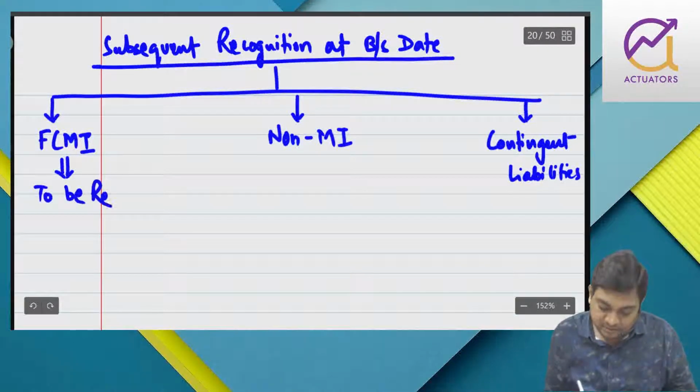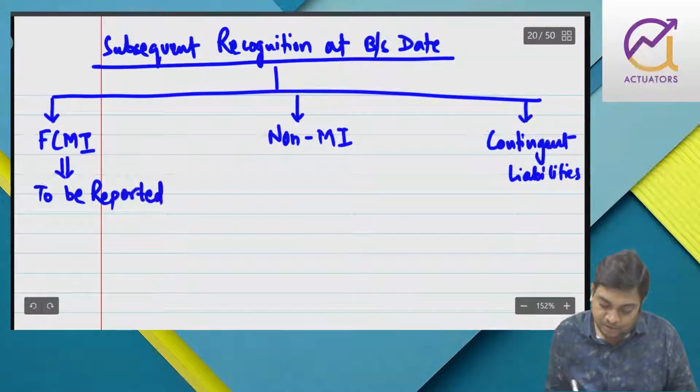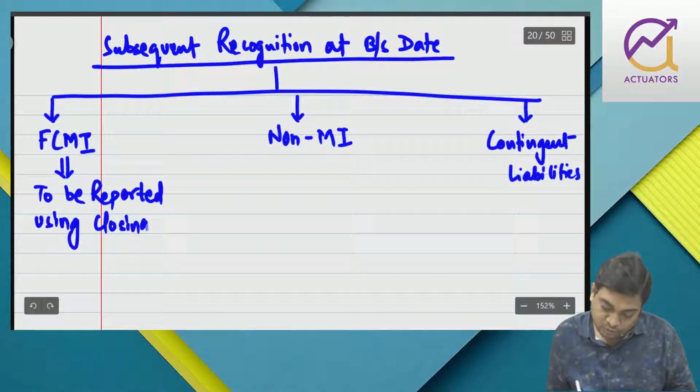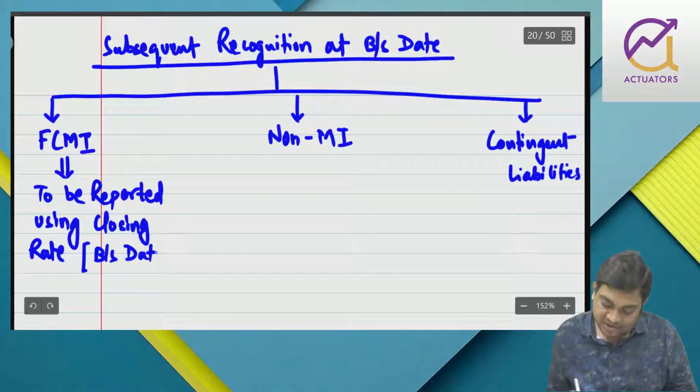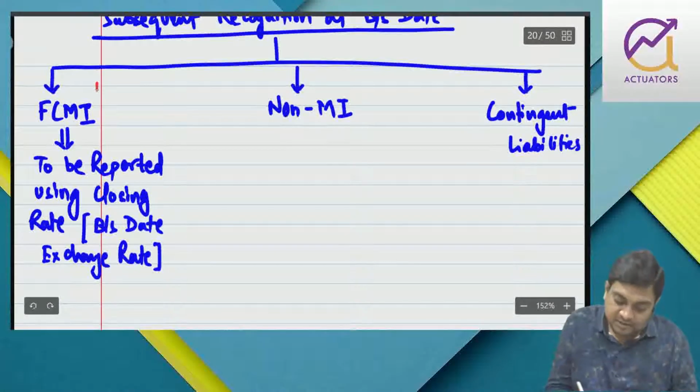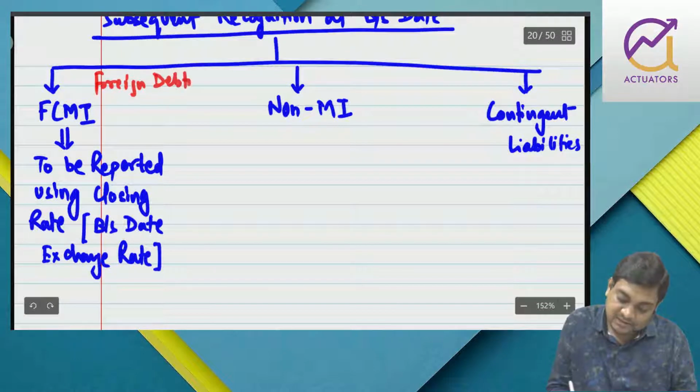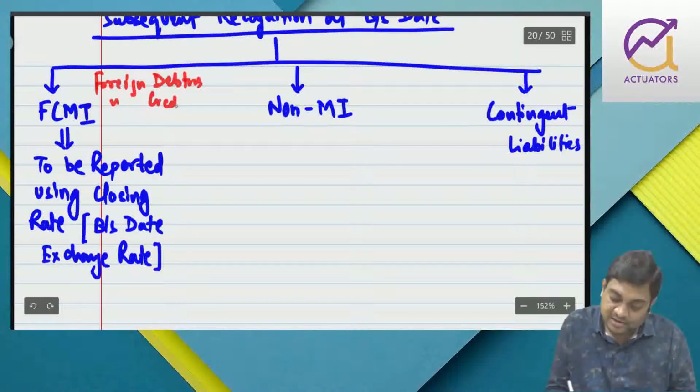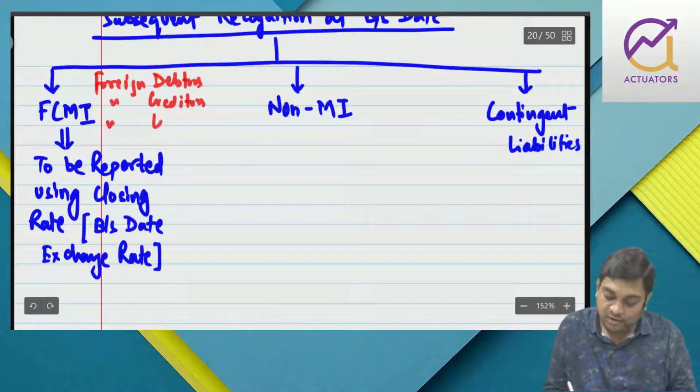To be reported using closing rate, balance sheet date exchange rate. That is foreign debtors, foreign creditors, foreign loan.